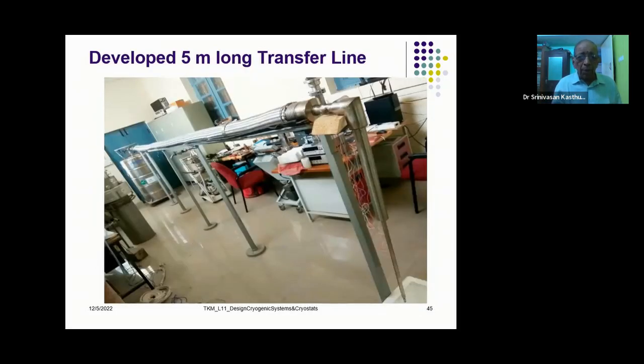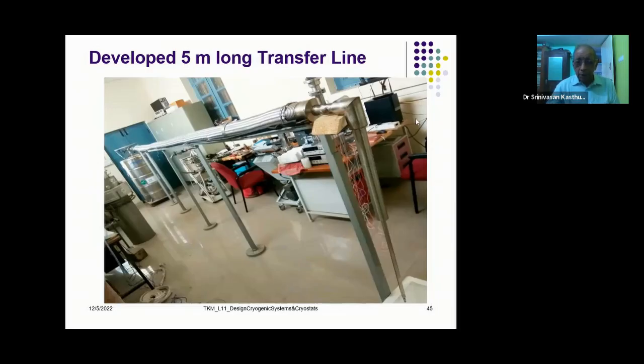We have also developed a 5-meter long transfer line, somewhat longer than this one. This was done as per the requirements of a BRNS project for transferring liquid helium.